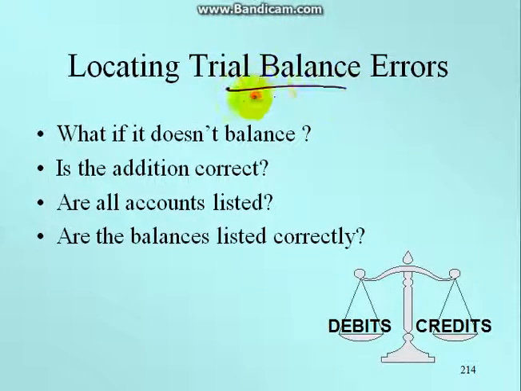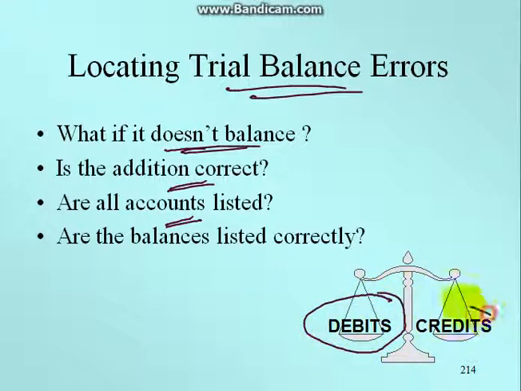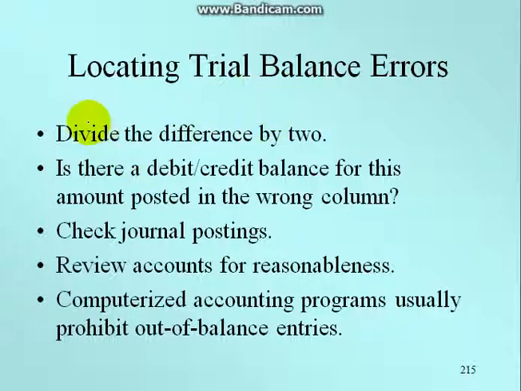So how do we locate the trial balance error? First, if the trial balance does not balance, check whether the addition is correct, whether all the accounts are listed, and whether all the balances are listed correctly, whether debit or credit. Then we divide the difference by 2.